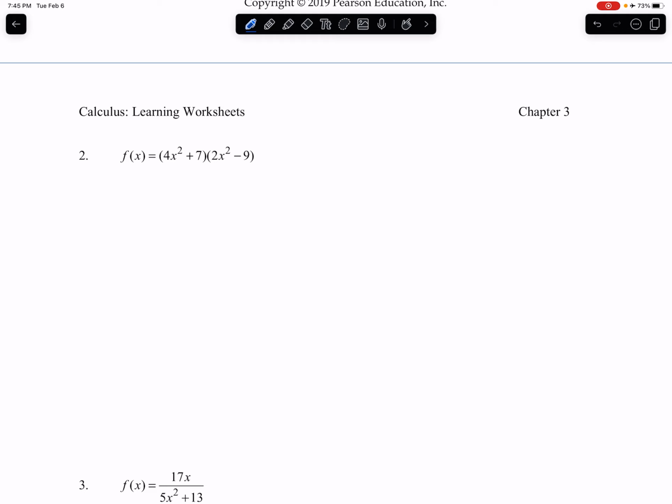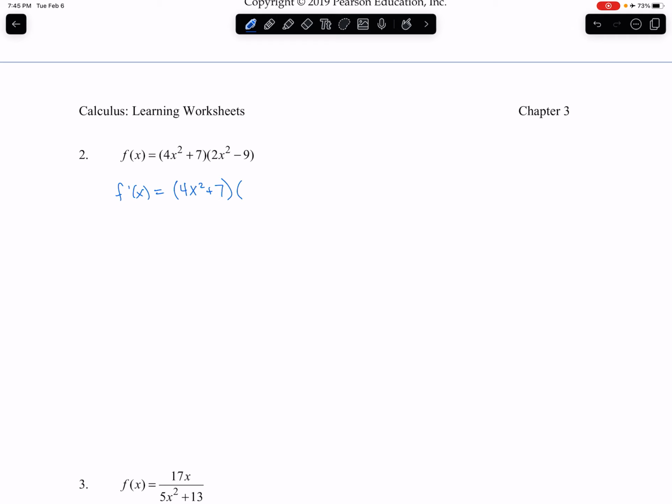F of x equals 4x squared plus 7 times 2x squared minus 9. Again, we have a product. So our derivative is going to be the first, 4x squared plus 7, times the derivative of the second.